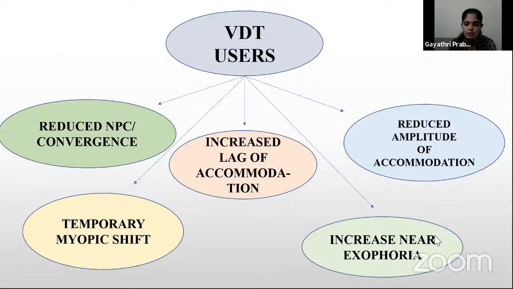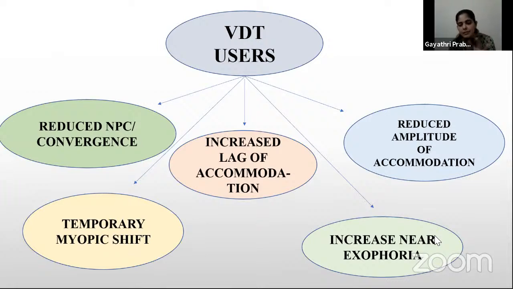And what they found was that among VDT users, people who were using screens for more than 4 hours a day on a regular basis, the NPC was reduced. There was an increase in lag of accommodation. The amplitude of accommodation was reduced a little, and there was an increase in the amount of exophoria, which was almost similar to the reduced convergence.